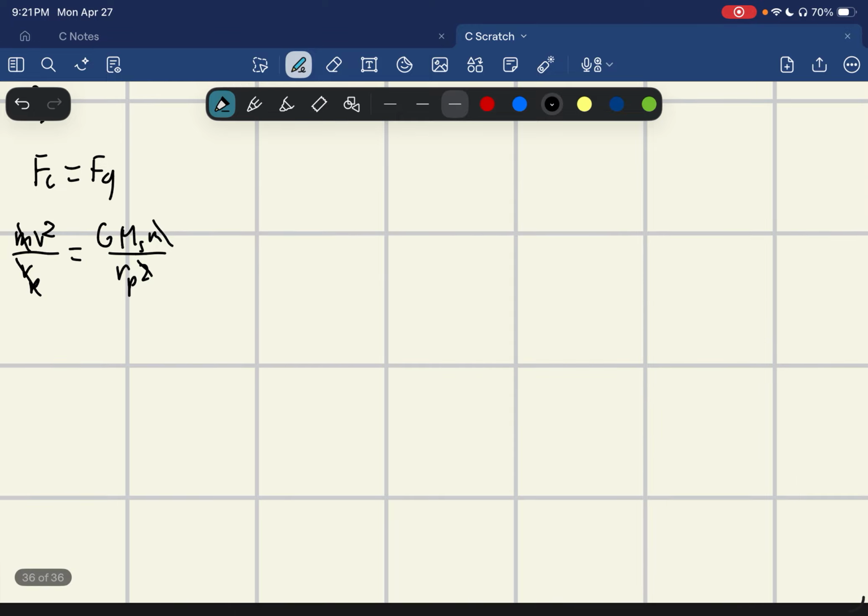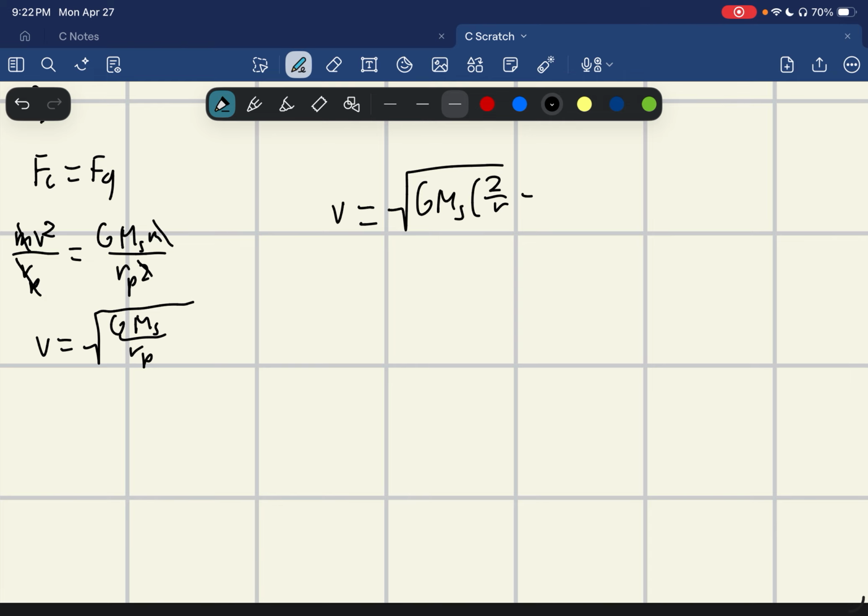So we know that v is equal to the radical of GMs all over rp. And then in part E we solved for the general form for the elliptical orbit, which is v equal to the radical of GMs times (2 over r minus 1 over a).